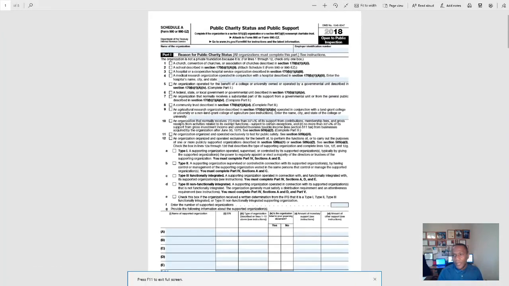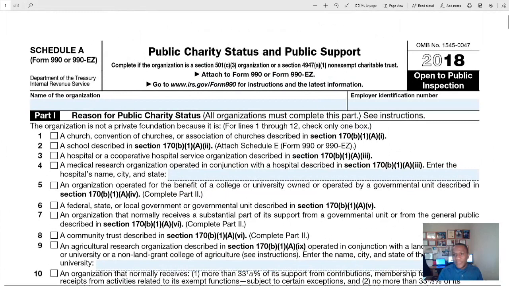Schedule A. Okay. Basically, as you can see, Schedule A is the public charity status and public support form that must be attached to Form 990-EZ or your Form 990 return. You must complete this form if the organization is a Section 501(c)(3) organization or a Section 4947(a)(1) nonexempt charitable trust.